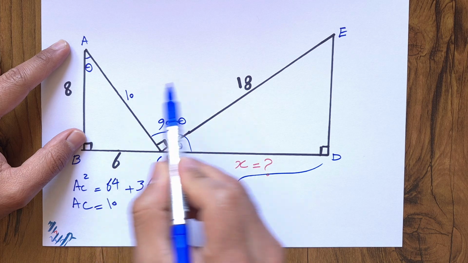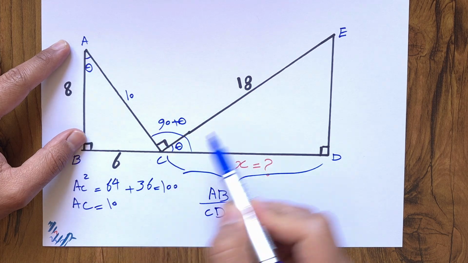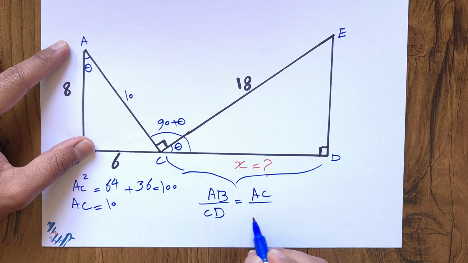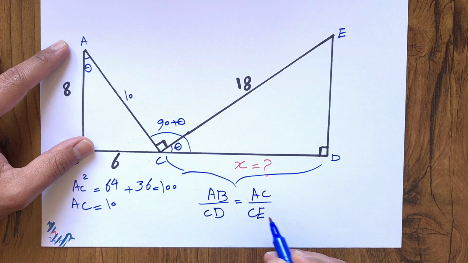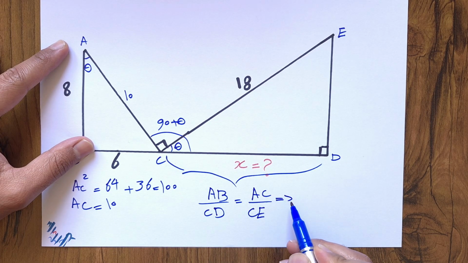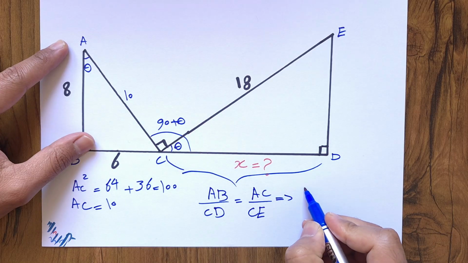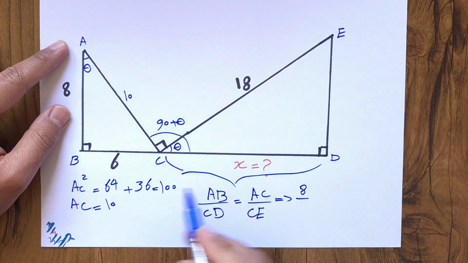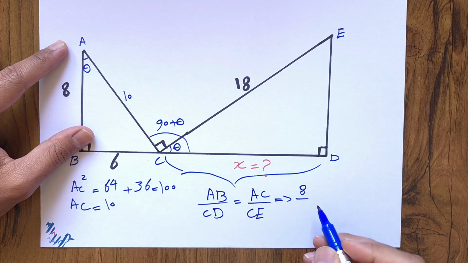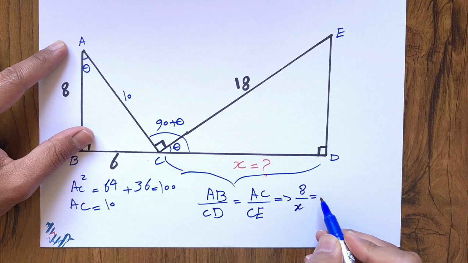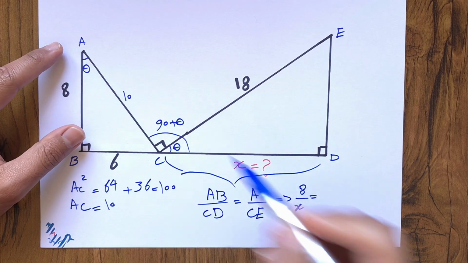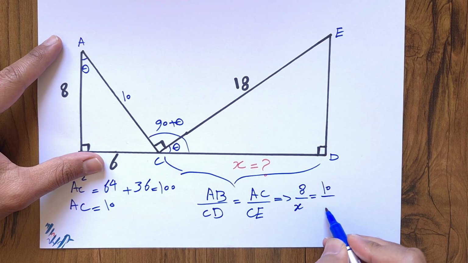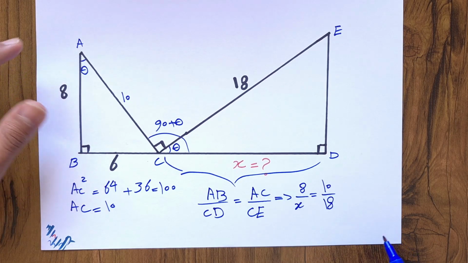So we can say 10 over 18, or AC over CE, right? So let's now substitute AB, which is 8, over CD, which is x, so that's the part that we want to find out, equals the hypotenuse AC, which is 10, over 18.